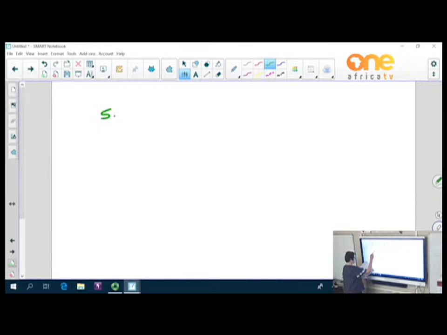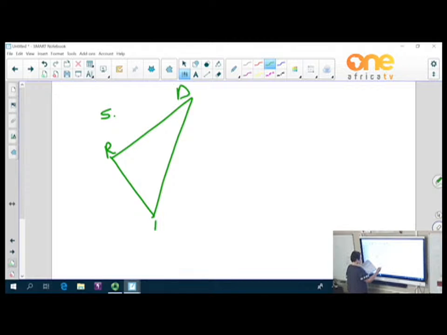Question 5, the last one here. It is not a right angle triangle. This is RDA, 17, 20, 13. Right, so we've got the three roads between the three cities. The first one that we want to calculate is angle RAD. I've got three sides. If I want to calculate the angle, I'm going to use the cosine rule.